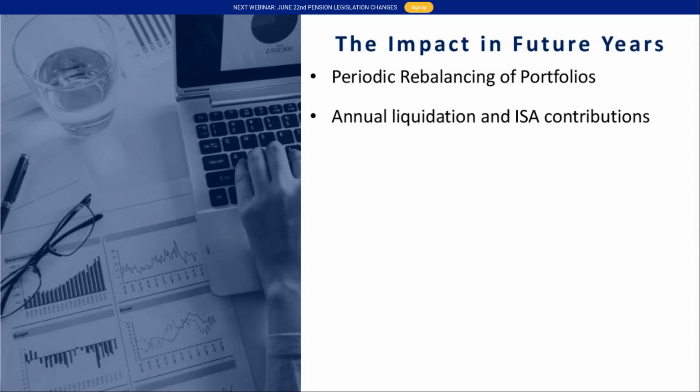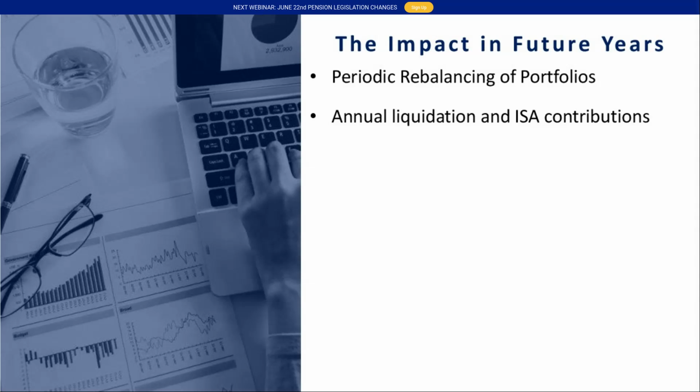Annual liquidation for ISA contributions. In that case, if you have a general investment account, and what you do annually is you look to crystallize or realize £20,000 to send to your ISA, Bed and ISA on an annual basis. Now, with the halving and then further halving of the annual exemption amount, you're going to potentially raise a gain by doing that Bed and ISA annually.